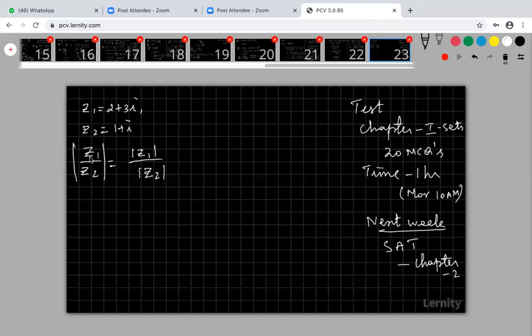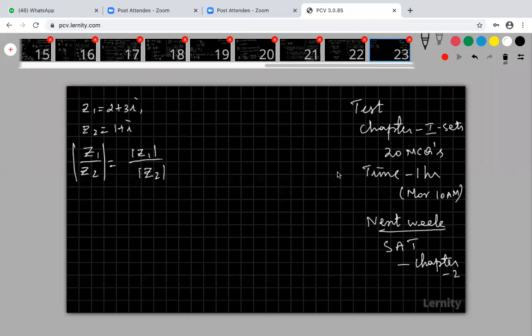The division of two complex numbers is also a complex number. Multiplication of two complex numbers is also a complex number. So divide these two, you will get one complex number, and for that complex number you take the modulus. That is equal to finding the modulus separately and dividing. Both sides will get the same answer. That is what we are going to prove.